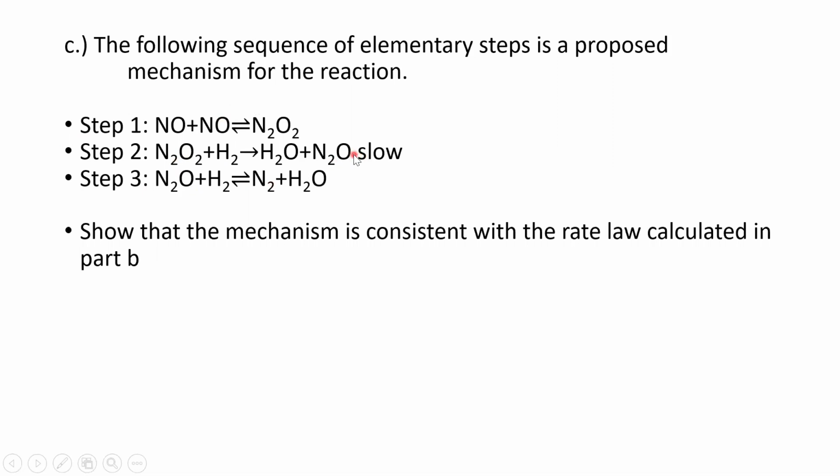Well, we look at the rate determining step, which is step 2, and we look at the molecularity in step 2 to figure out what the rate law is. But the problem is that rate laws can't have an intermediate in them. So we're going to have to look at the rate for this equilibrium expression here in order to figure out what the rate law is overall.